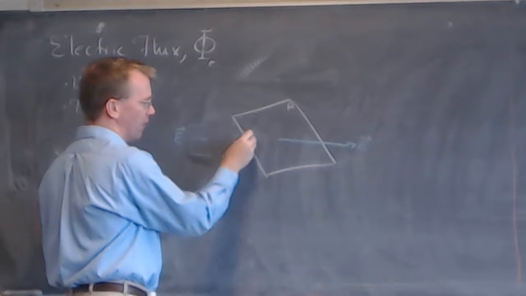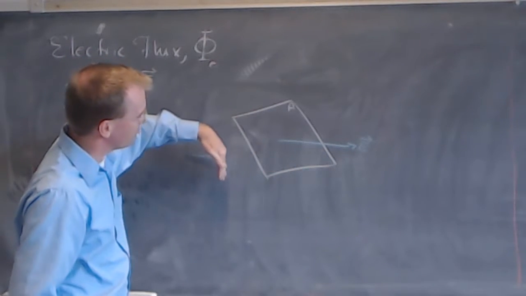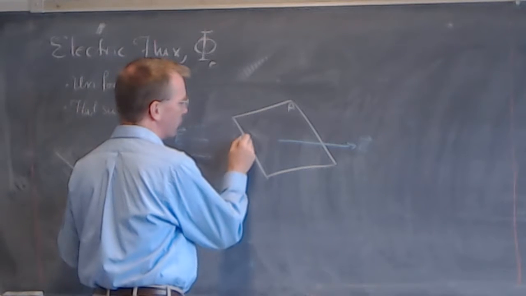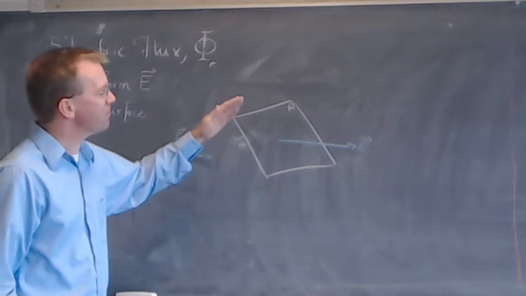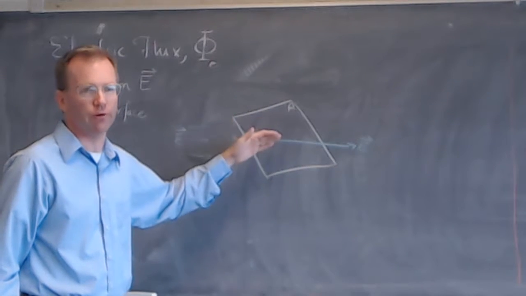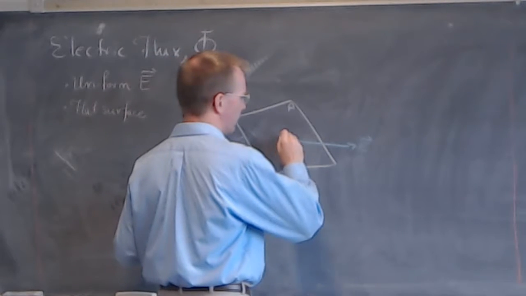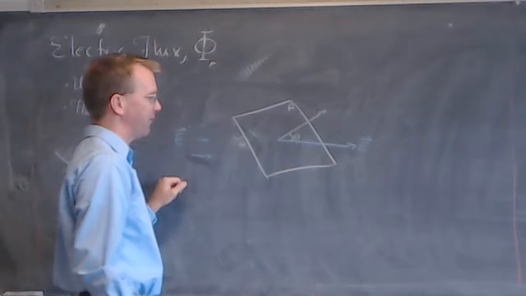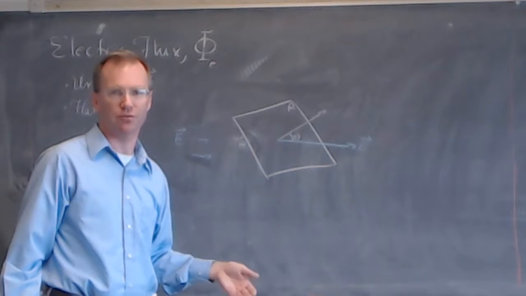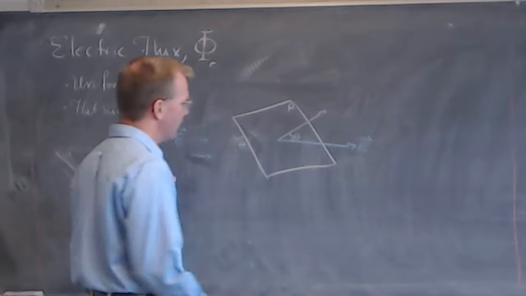If I draw a vertical line, and the surface is, this is supposed to be a three-dimensional view, if the surface is tilted away from vertical by an angle theta, then a perpendicular line to the surface, we'll call it the normal line, is tilted at the same angle theta with respect to the field direction. And I think you can see that that would be the case then.